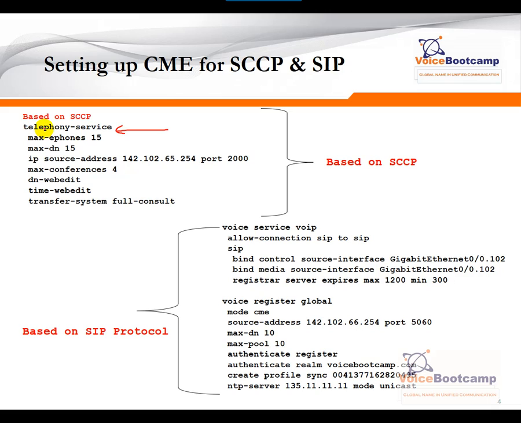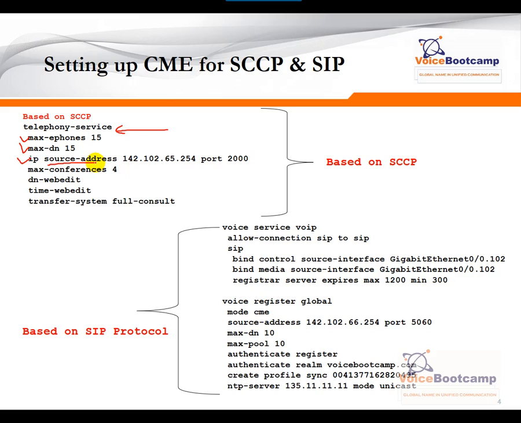And then you need to define three most important parameters: IP source address, max-dn, and max-ephones. IP source address defines what IP address you want the Call Manager Express to bind to. So in this case, it has to be one of the IP addresses that is configured in the router, and make sure that there is connectivity to that IP address from the network.